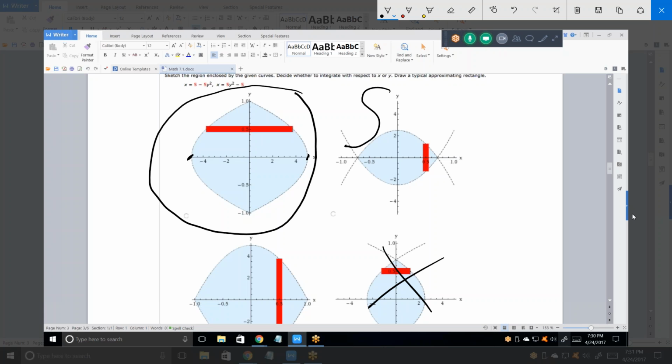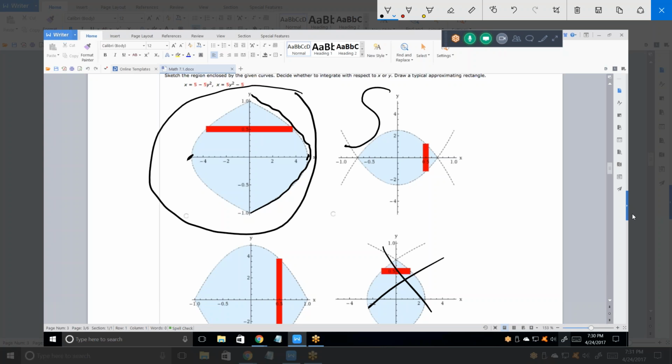The function on the right minus the function on the left. Which function is that one right there? That is the second one, so 5y squared minus 5.